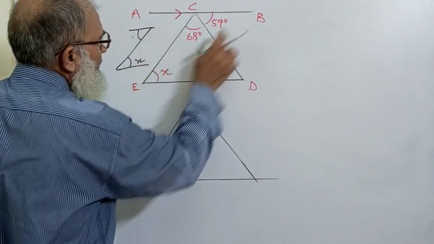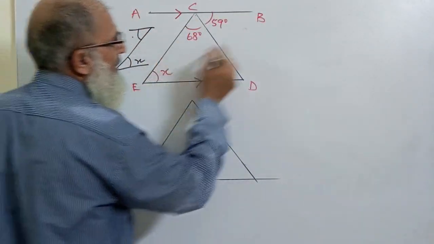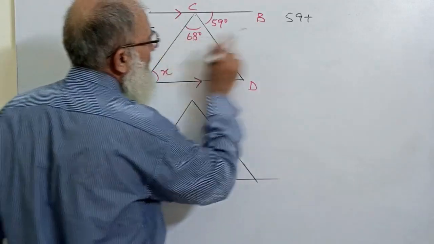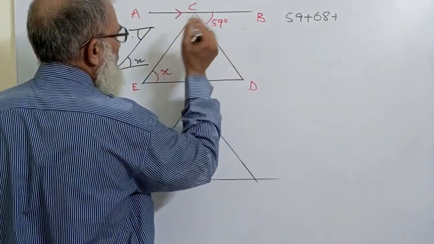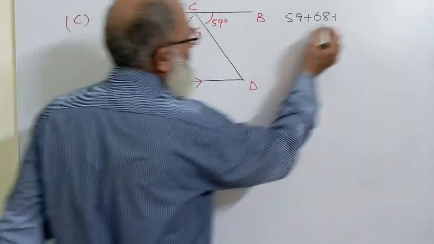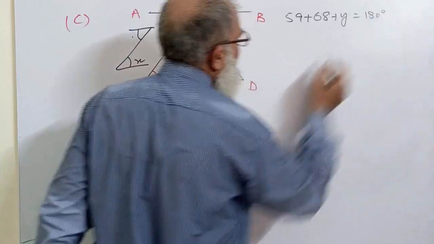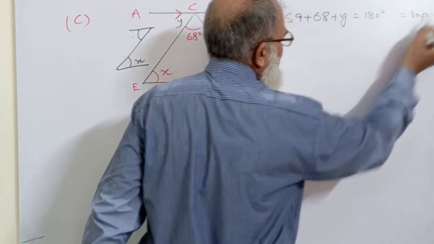So we'll complete this figure because this AB is 180 degree. We'll find the rest of the angle: 68 plus, let me call it angle Y, plus Y is equal to 180 degree. Supplementary angle, you can call supplementary on a line.